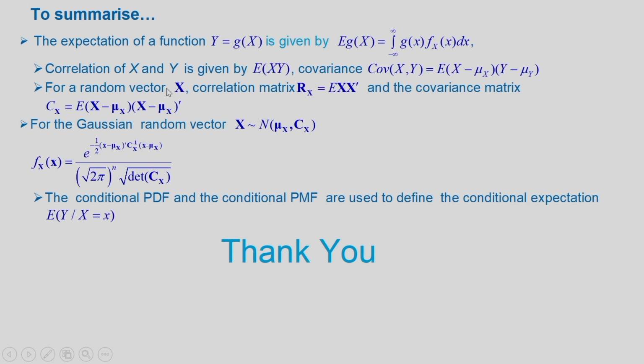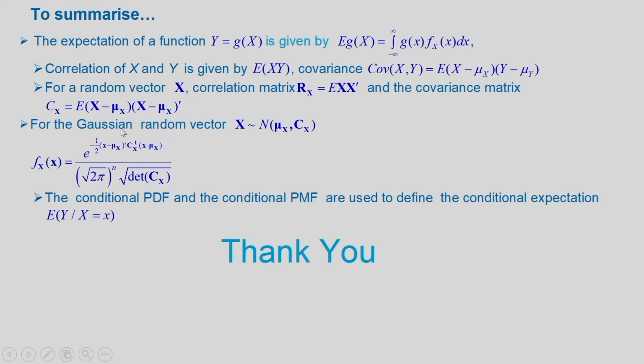For a random vector X, the correlation matrix R_X is equal to E of X X transpose, and the covariance matrix C_X is equal to E of (X minus mu_X) into (X minus mu_X) transpose. These are the descriptions of correlation structure in the case of random vectors.